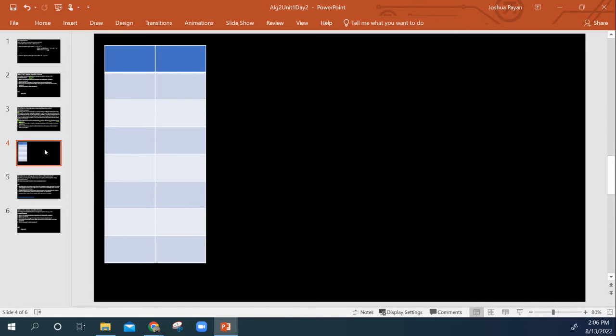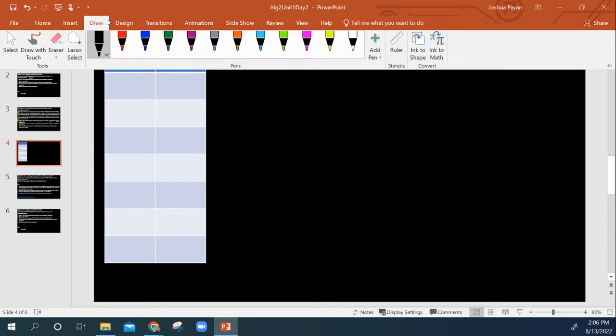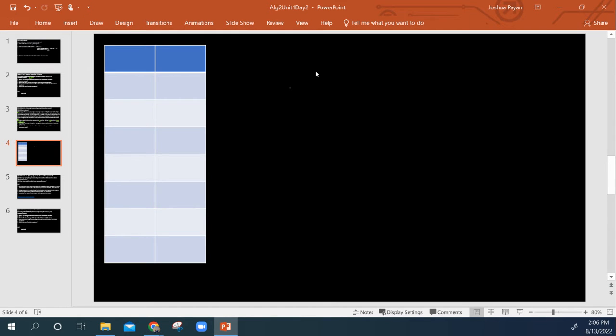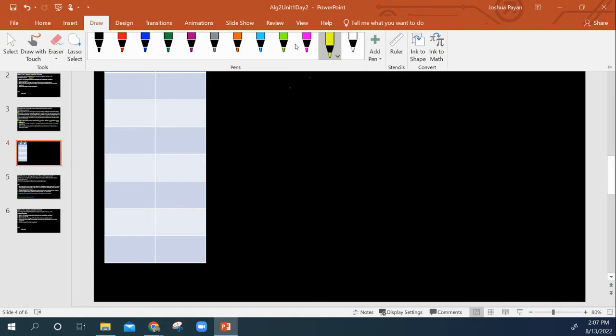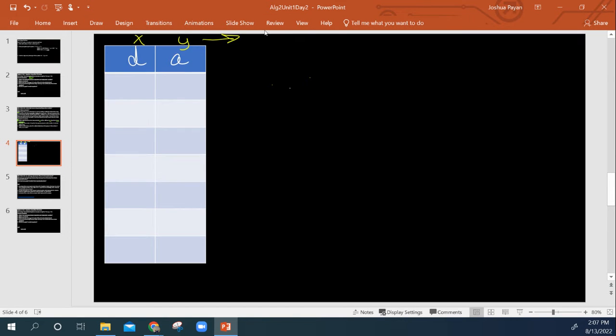On this next page, we have a table that we can use, and we can say that accidents goes here and days would go here. This is equivalent to saying that this is X, this is our Y column. The reason is that X is our independent and Y is our dependent.